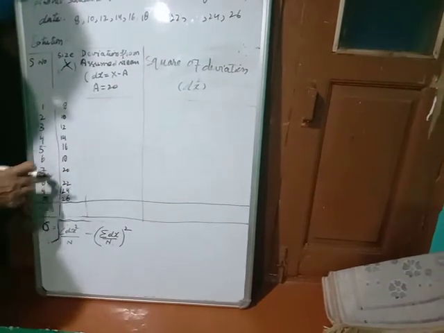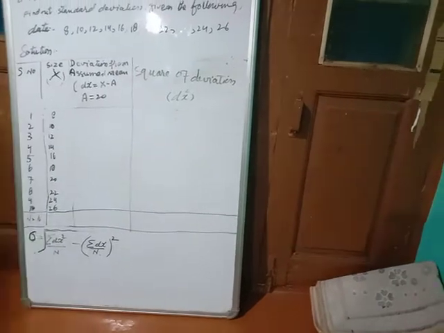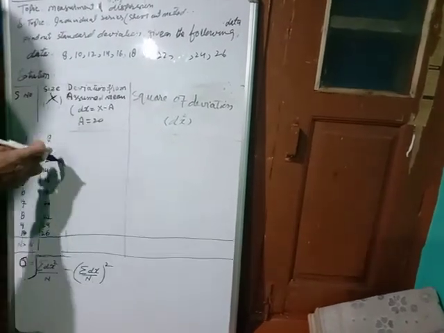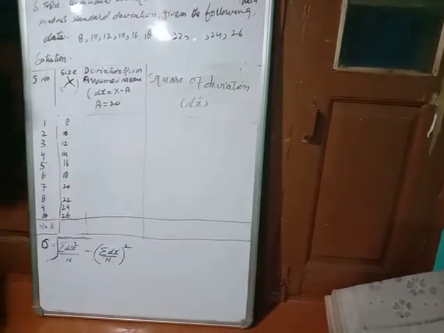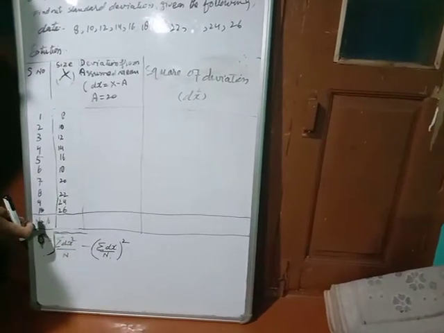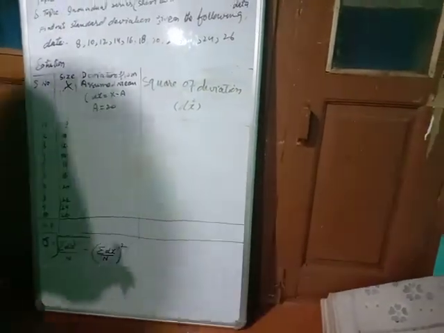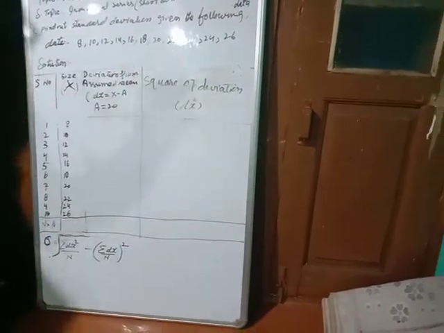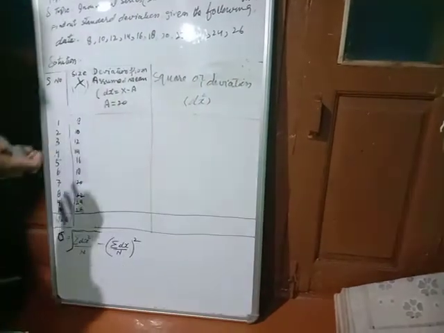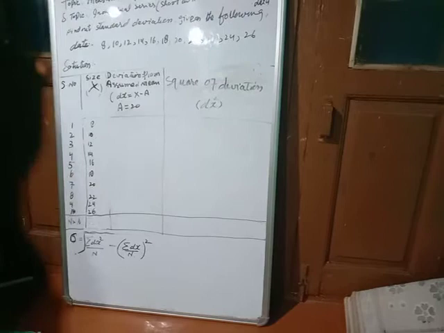You can take 22 or 24, or you can add all these numbers and divide by the total number, 10, and write that as the assumed mean. I have taken the assumed mean here as 20.